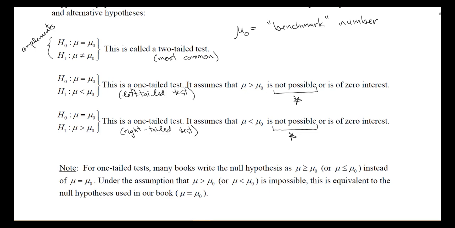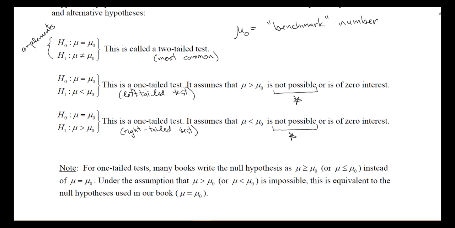Okay? And so the particular book I'm using in this class right now is writing it the way that I have here, with the null hypothesis having an equal sign in it always, but it is possible sometimes to write it the other direction where it's greater than or equal to on the one-tailed test.